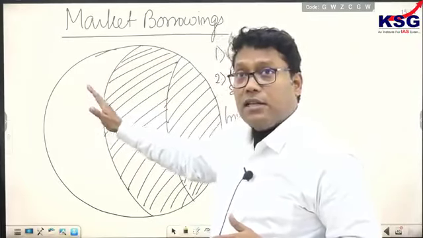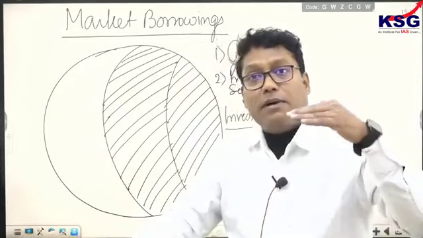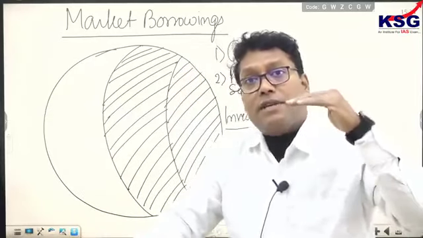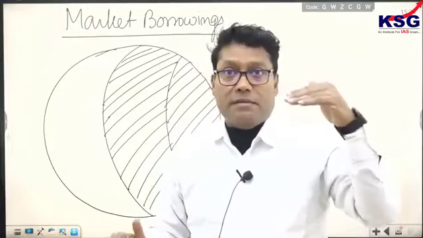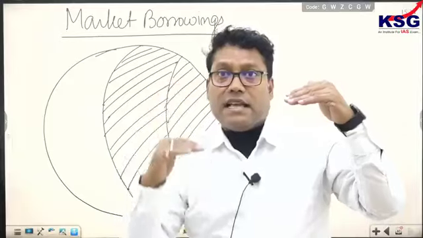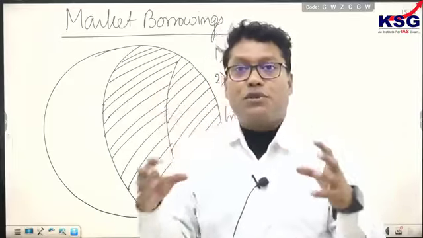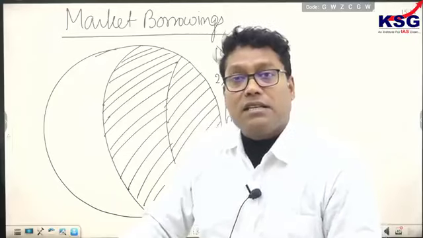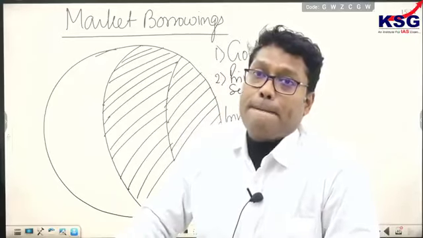Let us consider that the availability of funds has declined, but demand by the private sector remains more or less the same, while supply has declined due to more borrowing by the government. So what situation is going to be created in the market? In the market, it is going to create excess demand for funds.